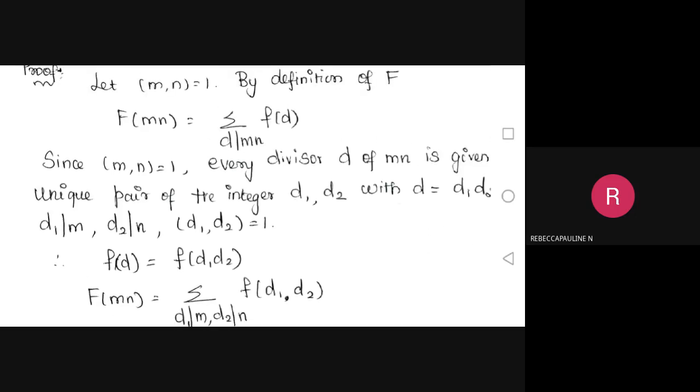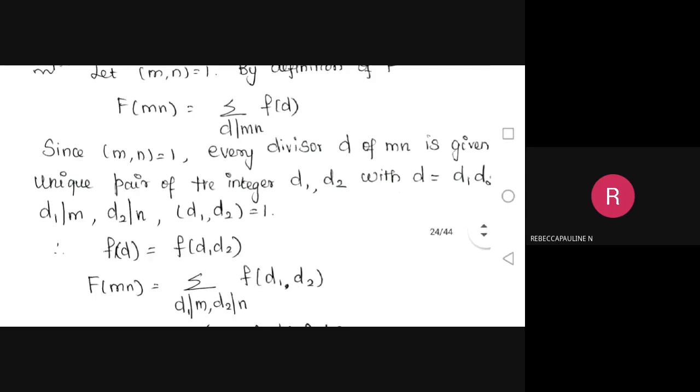Then d divides mn means d1 divides m and d2 divides n, and also the GCD between d1 and d2 is 1. Therefore f of d is equal to f of d1 into f of d2.